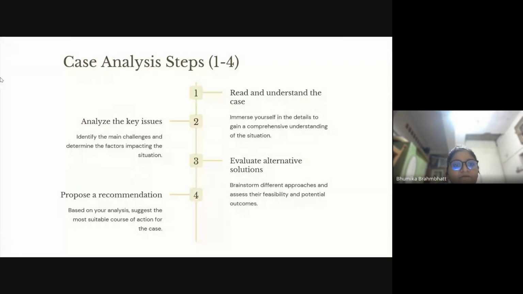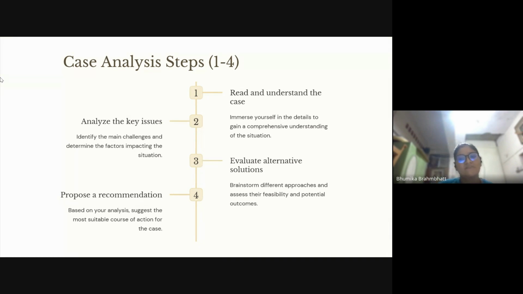We are doing a case analysis which already contains its judgment and its facts. So we cannot write that politically this should not have happened, or regionally this should not have happened. We cannot show bias in this. We have to be very neutral in writing the case analysis, without these factors coming into our mind.